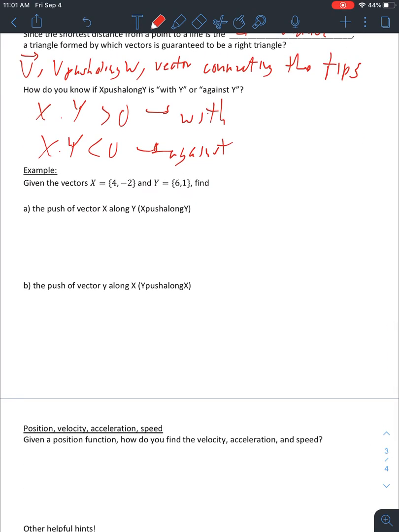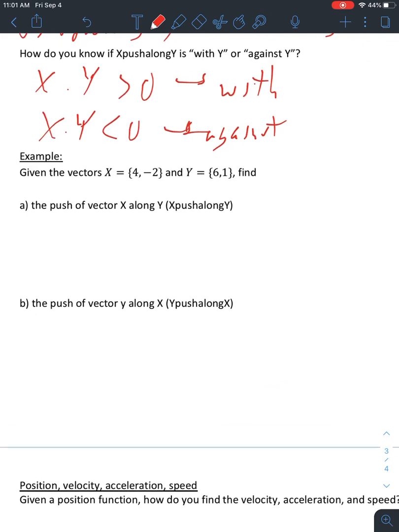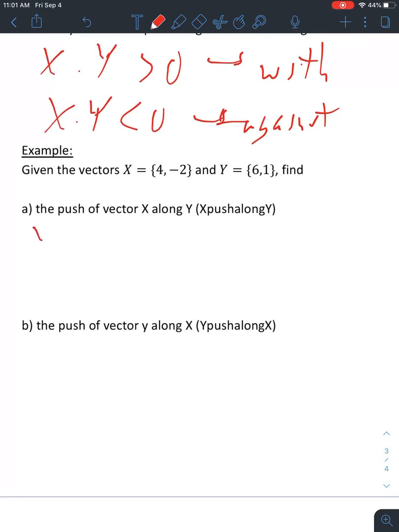All right, so another two-dimensional example here. Find the push of vector x along y. So to do that, we are going to do x dot y over y dot y times the vector y. Okay, so x dot y would be 4 times 6 plus negative 2 times 1.